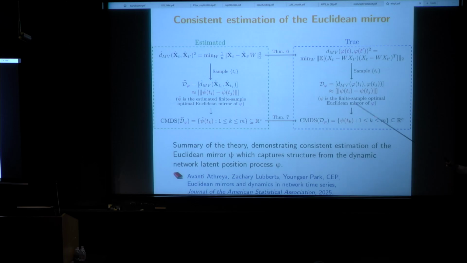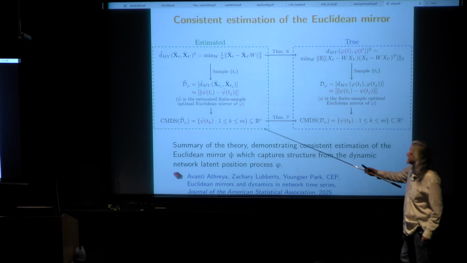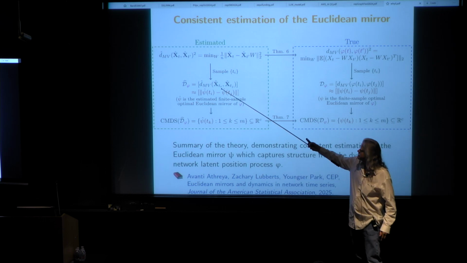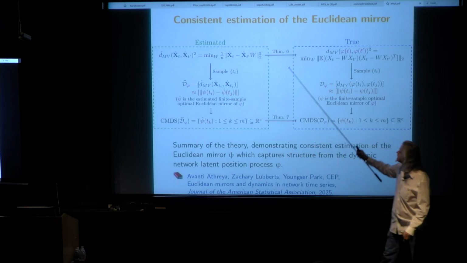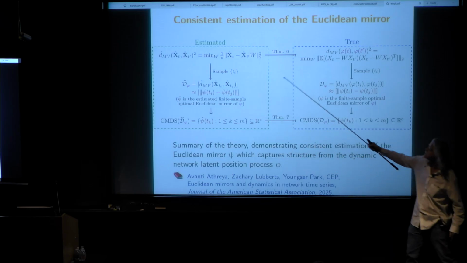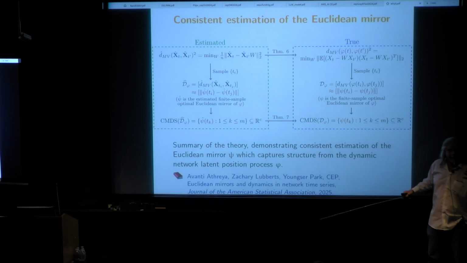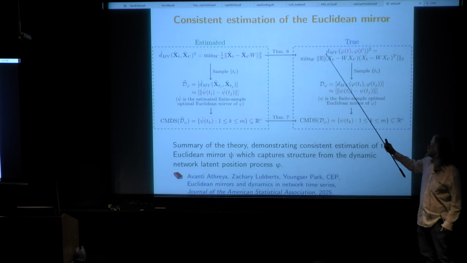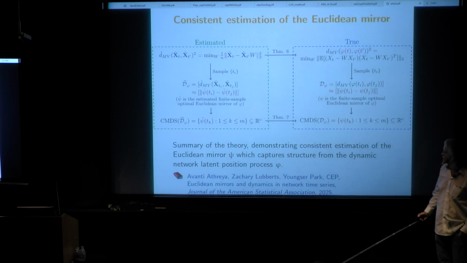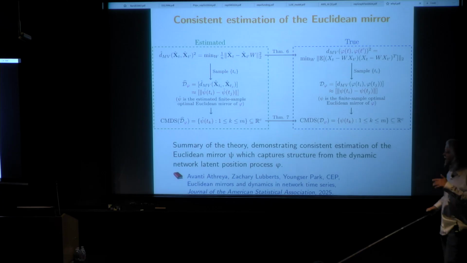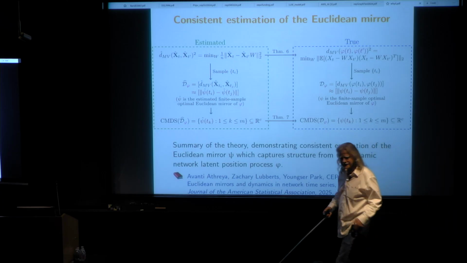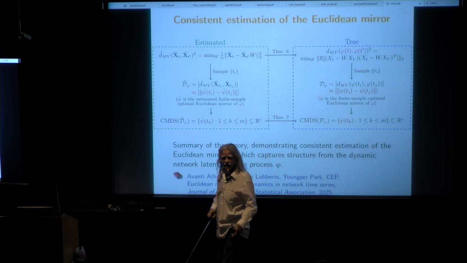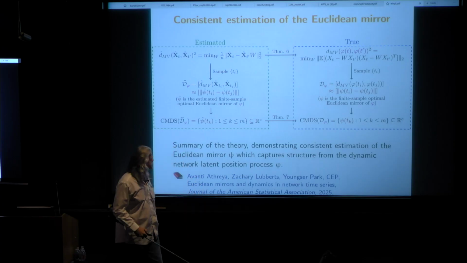And then you take a multidimensional scaling of this distance matrix, which gets me to low-dimensional Euclidean space, and that's where my psi lives, and I can do the same thing with my estimated thing here. Theorems 6 and 7 in the paper say that this estimate, as n and m and whatnot go to infinity, the left-hand side looks like the right-hand side, so I can consistently estimate that mirror, in which case I can consistently do subsequent inference, finding structure changes and things like that.